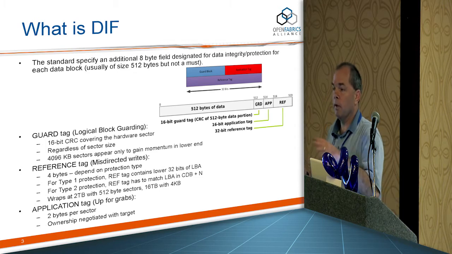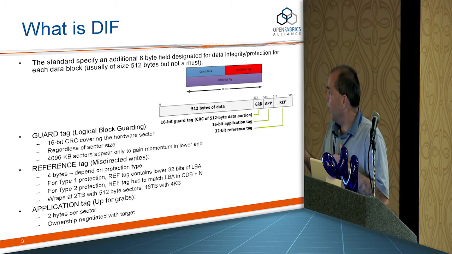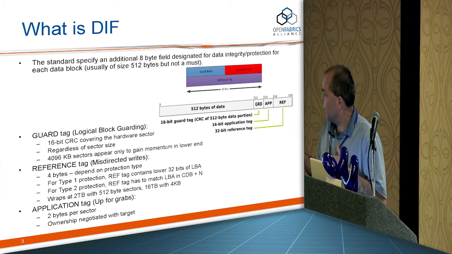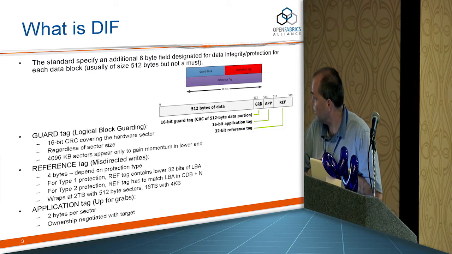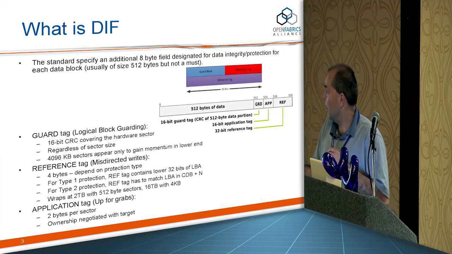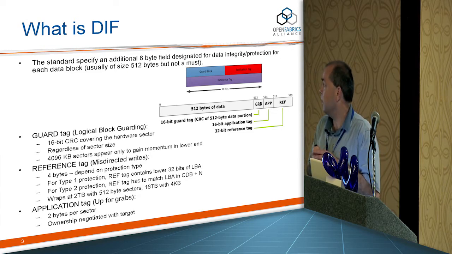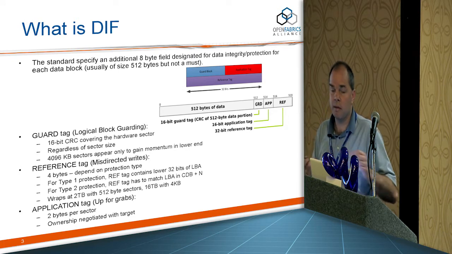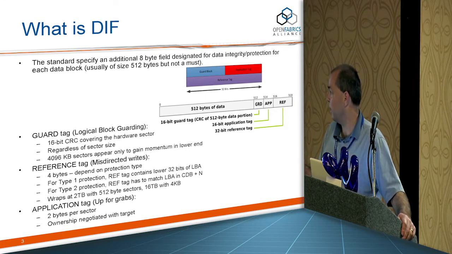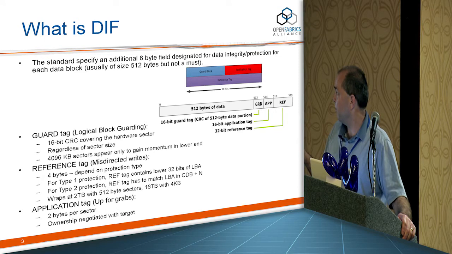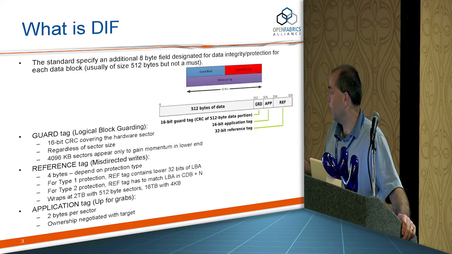And so the signature has a guard tag associated with it. It's 16 bits or 2 bytes. That uses a 16-bit CRC, regardless of the size of the actual data sector, whether it be 512 bytes or some multiple of 512 bytes.